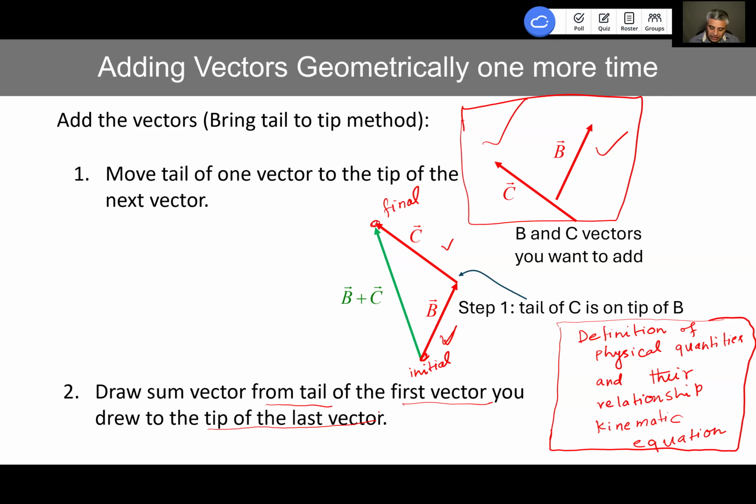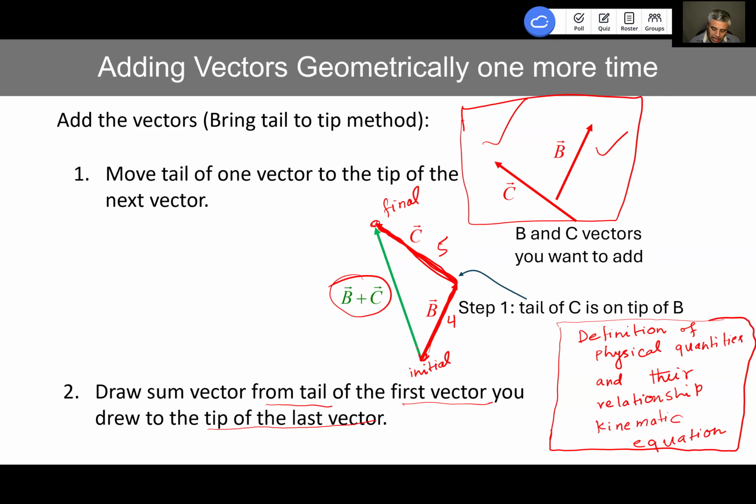So let's say if the length of B is 4 and length of C is, let's say, 5, then path length we travel is going to be 4 plus 5. But how about displacement? Displacement is not 4 plus 5, it's not 9, okay? It's a vector sum.